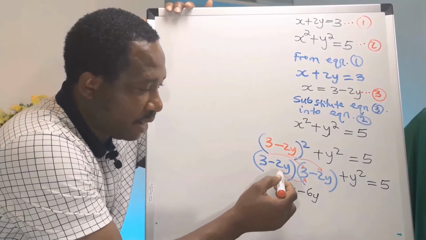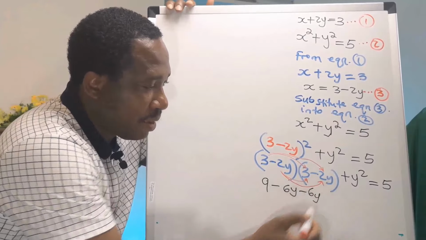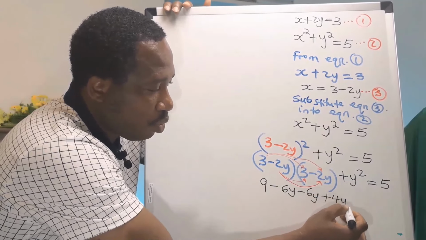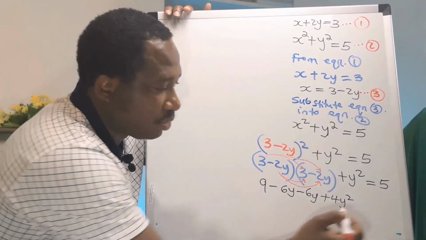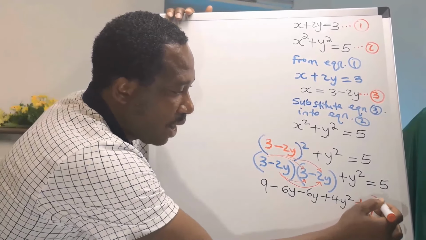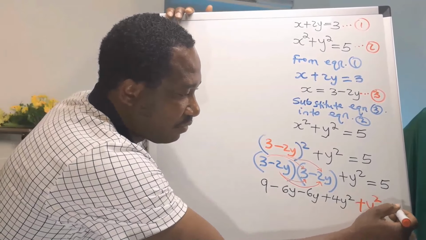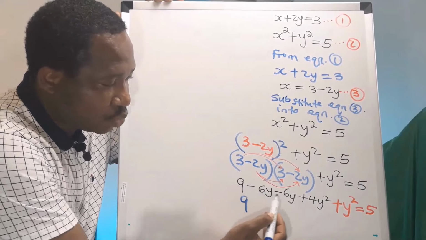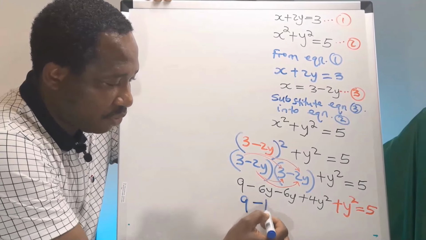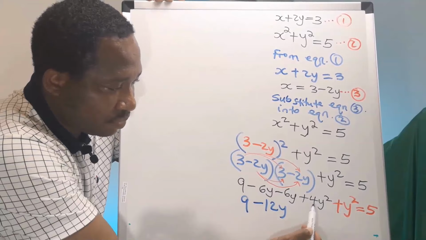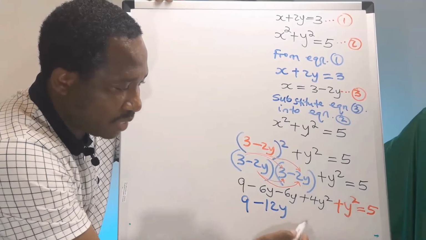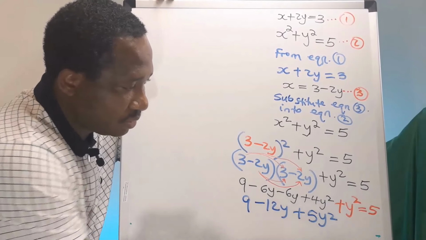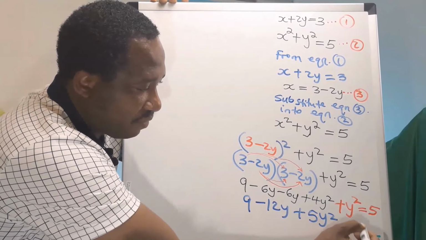Next, minus 2y multiplied by minus 2y, you will have plus 4y squared, and we have plus y squared is 5. Next, we are going to have 9, minus 6y minus 6y will give you minus 12y. 4y squared plus y squared will give you plus 5y squared. On the other side, we have 5.